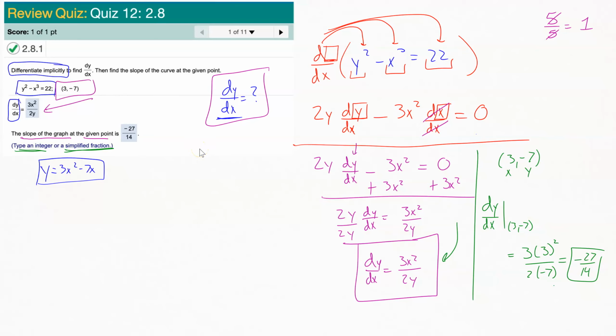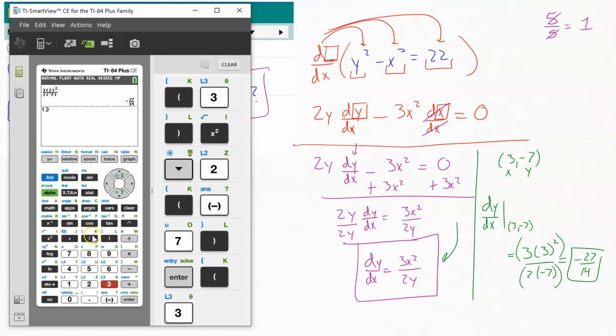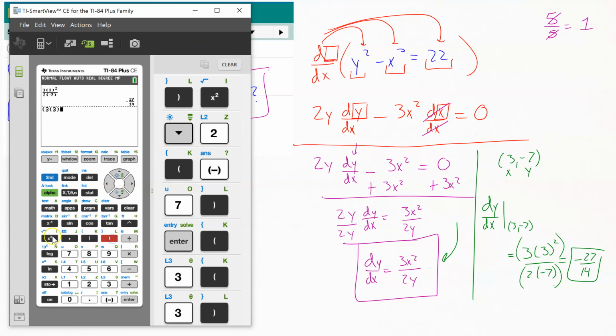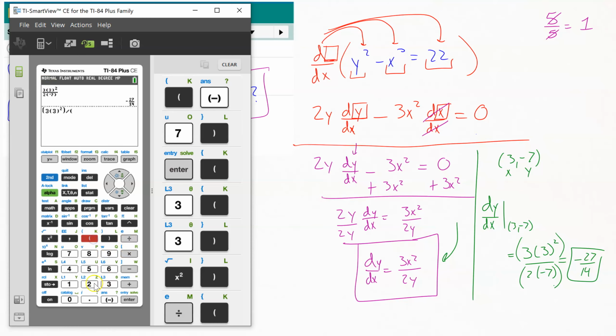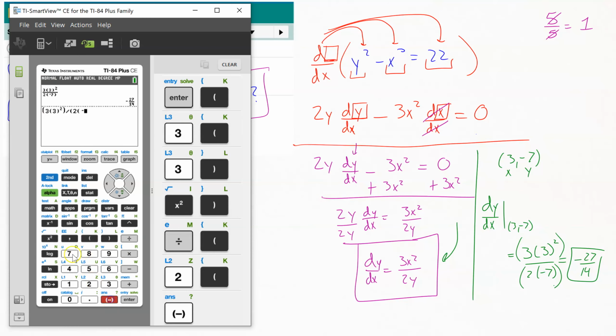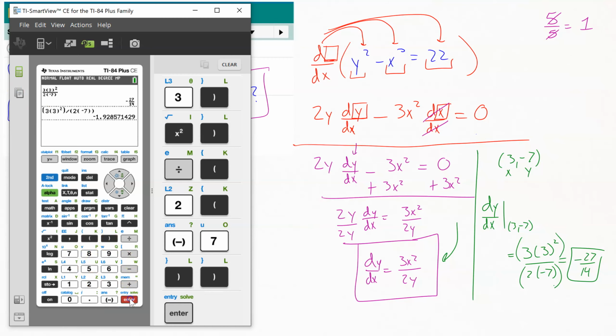But let's talk about how to enter it if we don't have that fancy button. Really what you want to do is say to yourself, it's always the whole top in a set of parentheses divided by the whole bottom in a set of parentheses. So if I don't have that special button, I would hit a parenthesis to start it, and then I would type in that first piece. So 3 times 3 squared, close that, divided by, open for the bottom, 2, plug in that negative 7, close it, and then close for the whole bottom there, and hit enter.